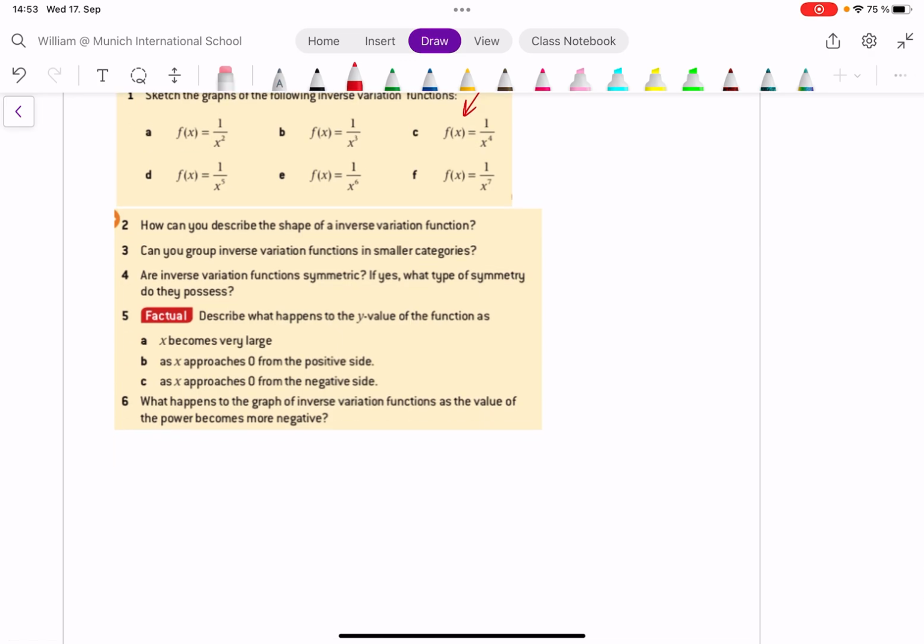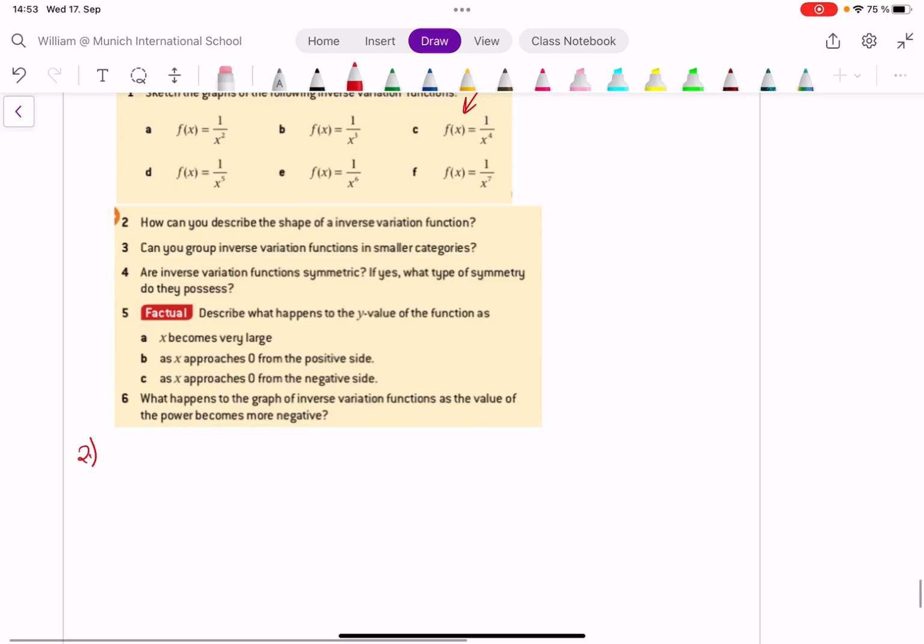Question 2 says, how can you describe the shape of an inverse function, right? There's a difference between odd and even. Hopefully you're seeing that odd look one way, even look the other. Both have vertical asymptotes at the y-axis.